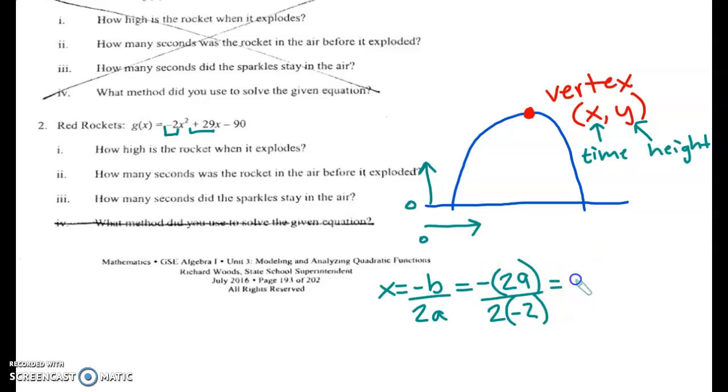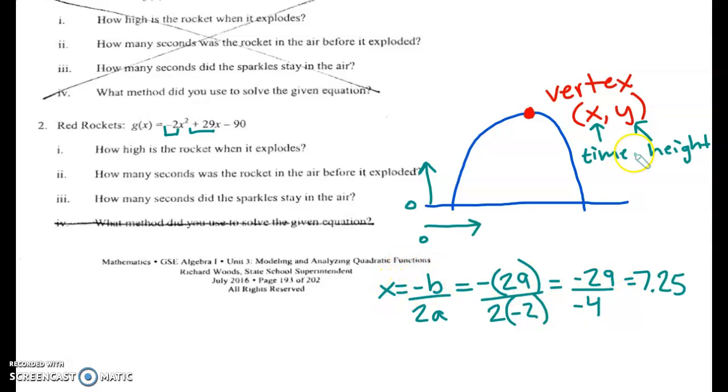So I got negative 29 on the top divided by a negative 4 on the bottom. A negative divided by a negative is a positive, but 29 over 4 is not going to come out even. It's actually 7.25. And this was my x.